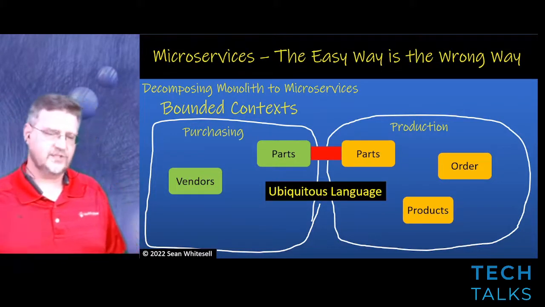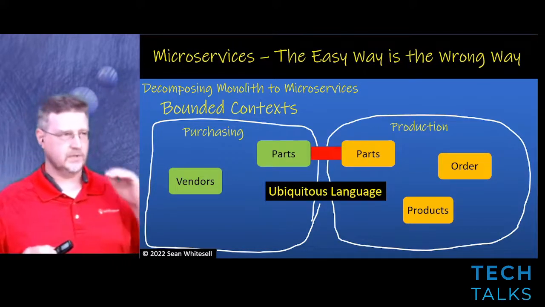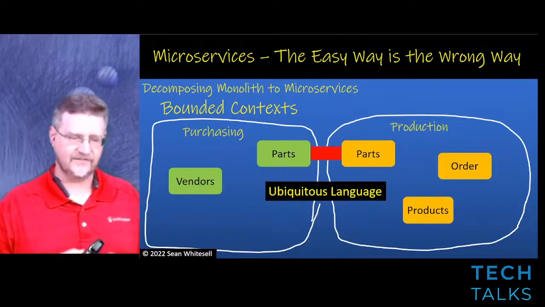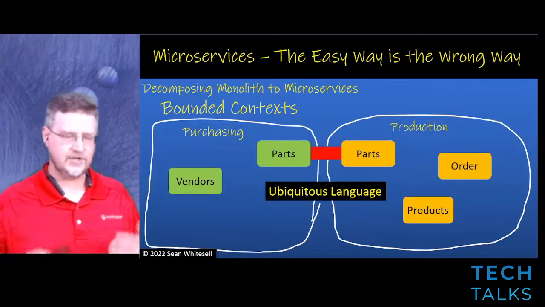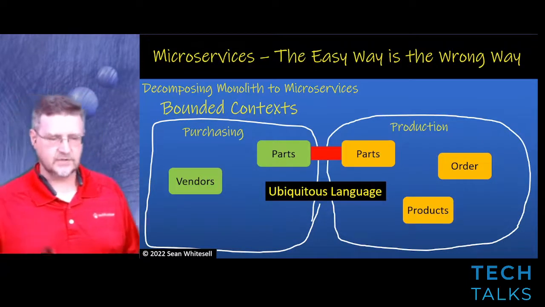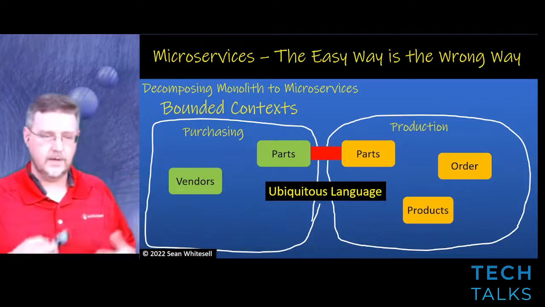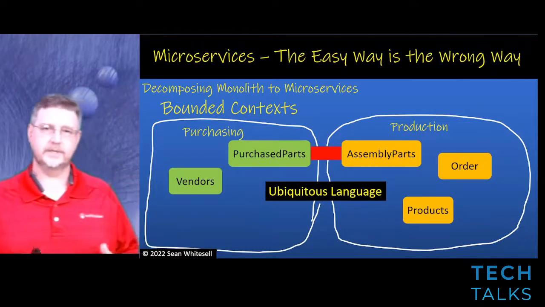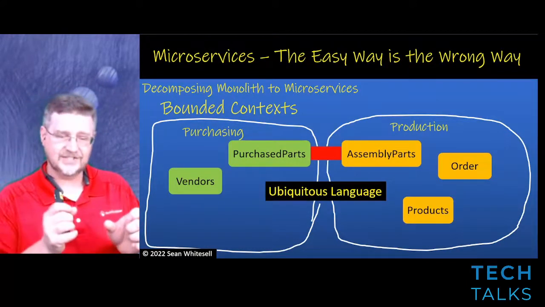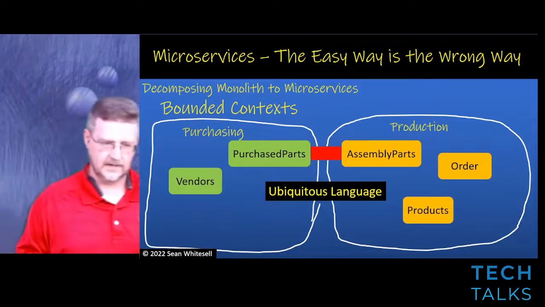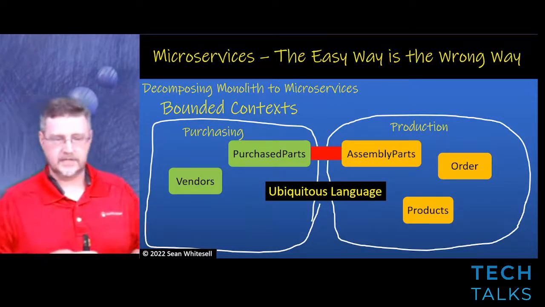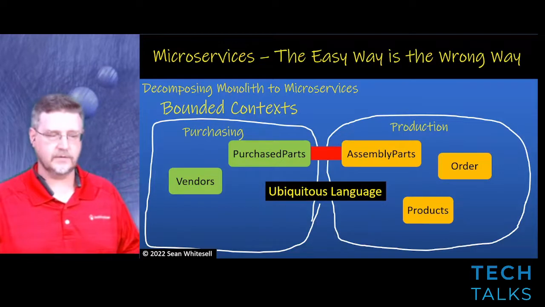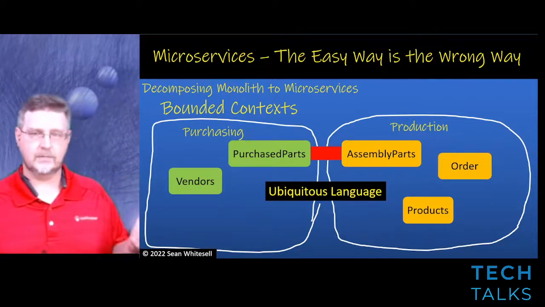With this comes the suggestion that even in our namespaces, class names, and method names, we need to have things properly named so it avoids confusion and has a ubiquitous language applied. So now we change things from parts to purchased parts or assembly parts. Now they make a much bigger difference, rather than knowing just by context that the name had a difference. And this is where you can get with your subject matter experts, as well as any other developers, maybe a new person on the team looking at this code, and now it's referring to purchased parts. It makes a lot more sense.